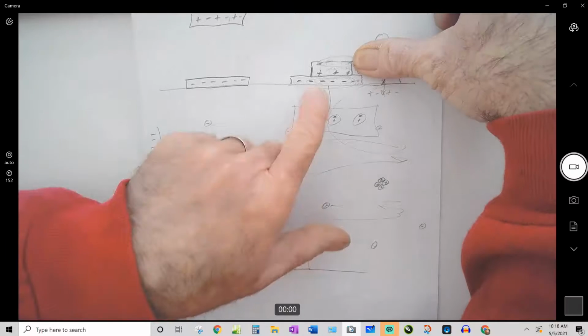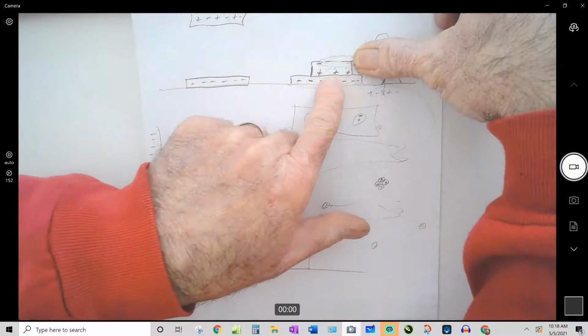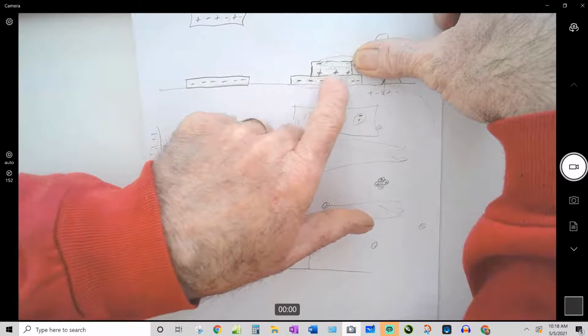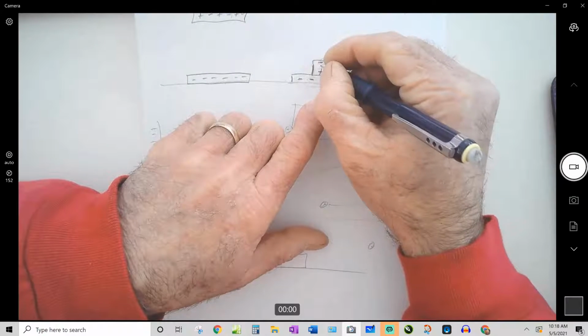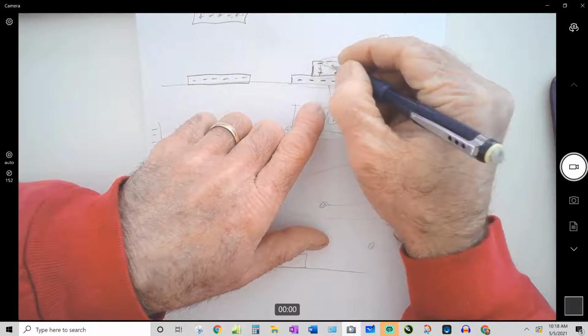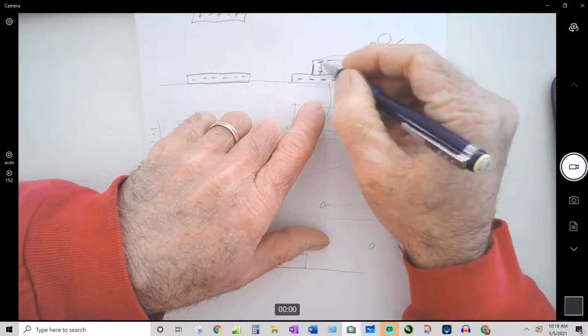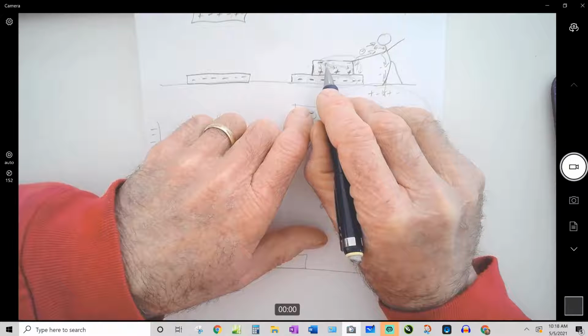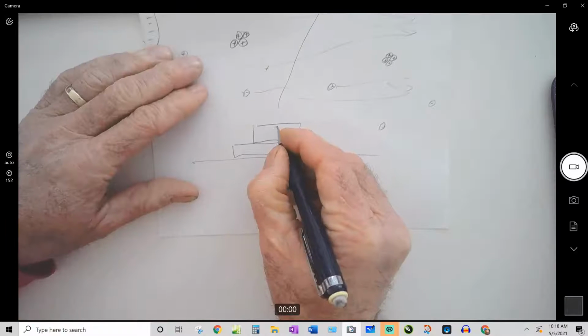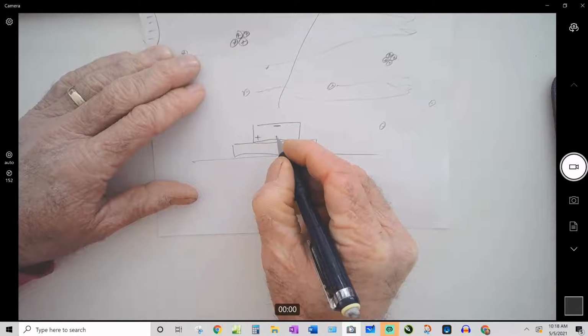Exactly. These 3 positives are attracting this electron still, and it's going to be pulled toward this one, and that one, and that one, and the net effect is it's going to get pulled to the right, and that'll keep happening until it gets to there. So in this last picture, it's going to look something like this.